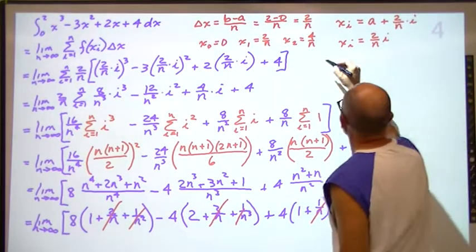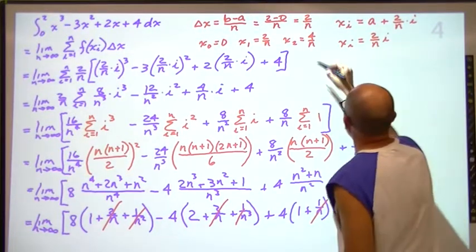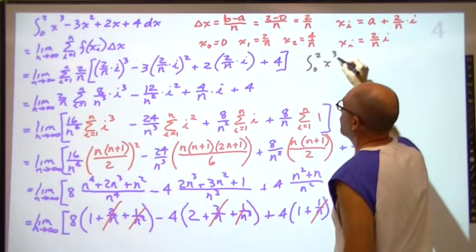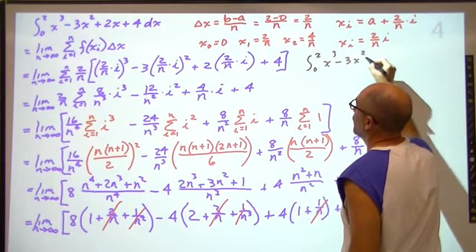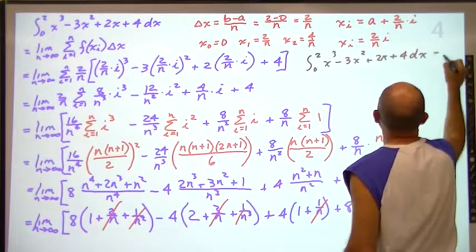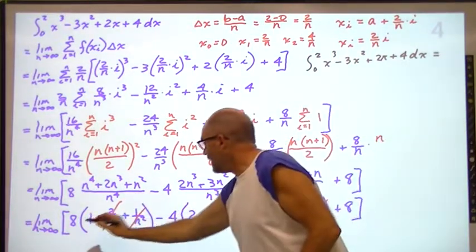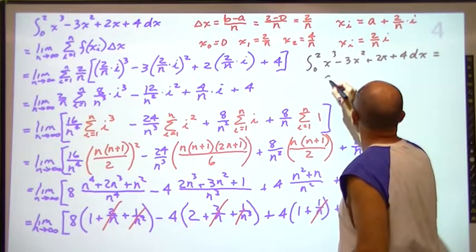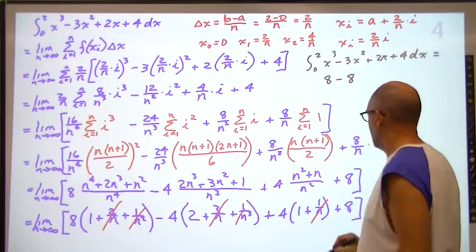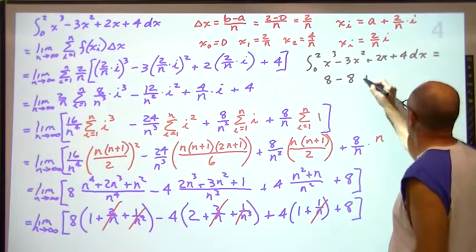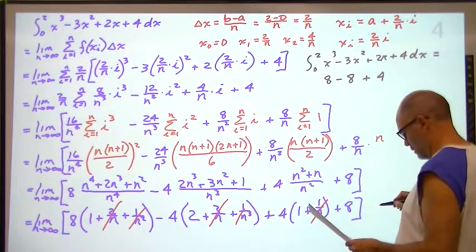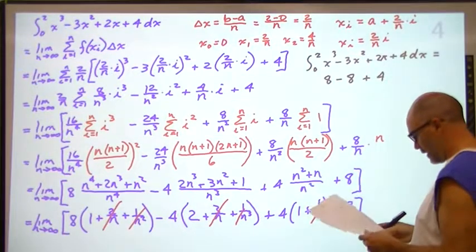We have, let's put this up here, the integral from 0 to 2 of x cubed minus 3x squared plus 2x plus 4 dx equals 8 times 1 minus 4 times 2 plus 4 times 1... no way, something has gone awry.